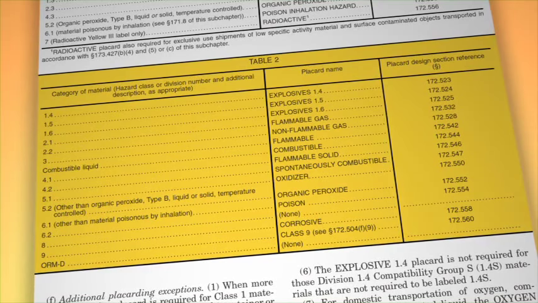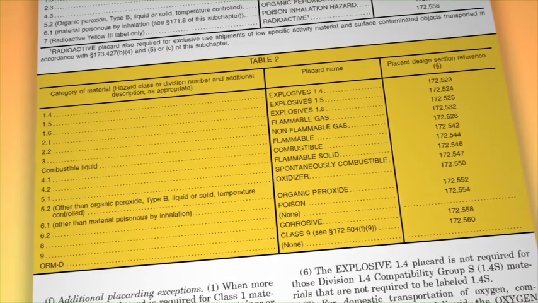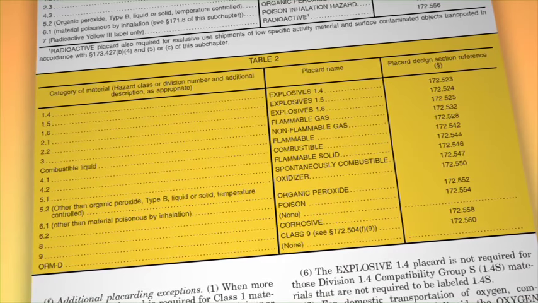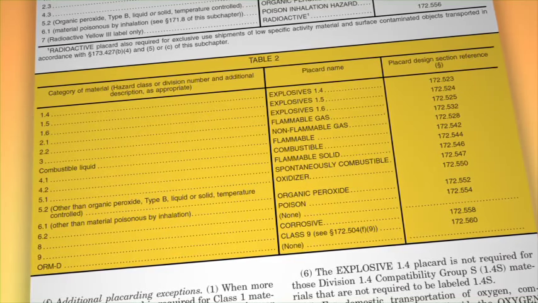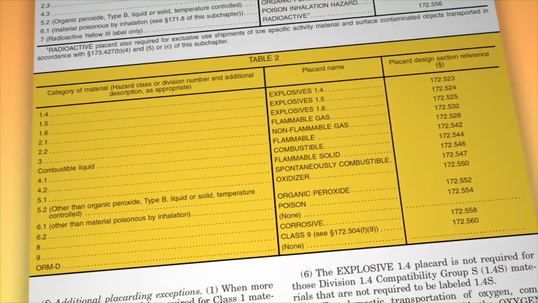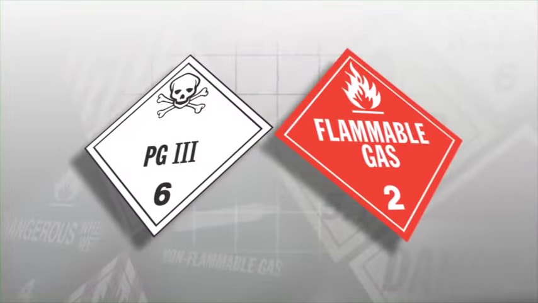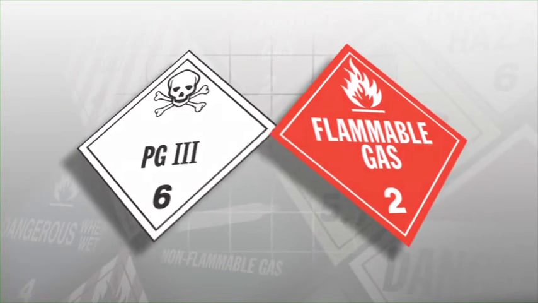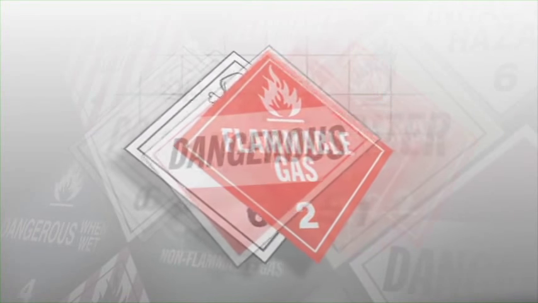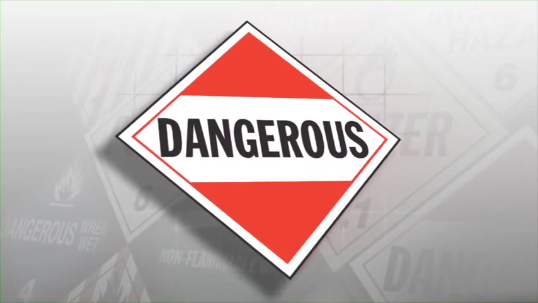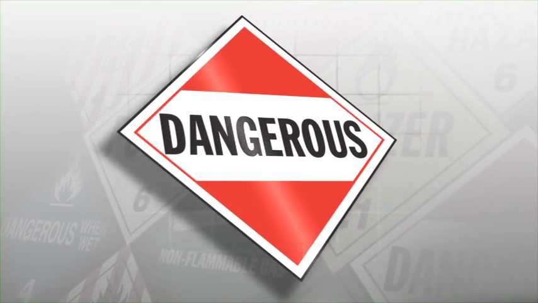Non-bulk packages covered by Table 2 that contain less than 1,001 pounds aggregate gross weight of hazmat do not need to display a placard. In some situations, if two or more categories of materials from Table 2 are shipped together, a dangerous placard may be used instead of several individual primary hazard placards.